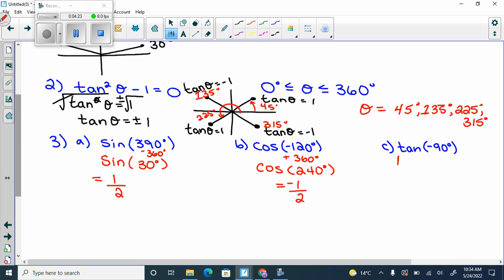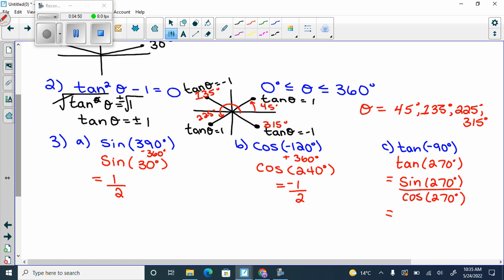Tan negative 90, if I add 360 to it, I get tan 270. Tan, on your formula sheet, is the same as sine of 270 divided by cos of 270. What is the y of 270? Go look for 270 on your unit circle.